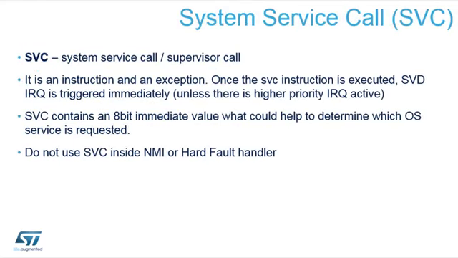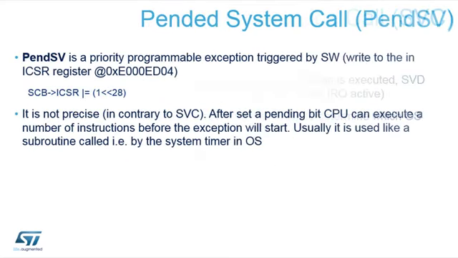The system service call is launched by an instruction where the instruction holds the number of the request. Such a mechanism is typically used in the RTX from Keil. FreeRTOS doesn't use it that much, so we can probably skip it. The pendable system call interrupt is the one that takes care of the context switch, and it can be launched by this line of code.